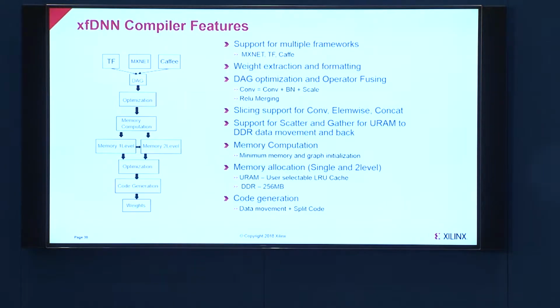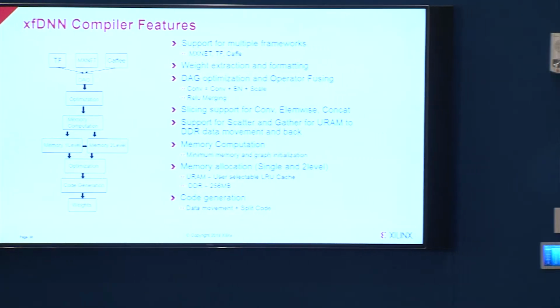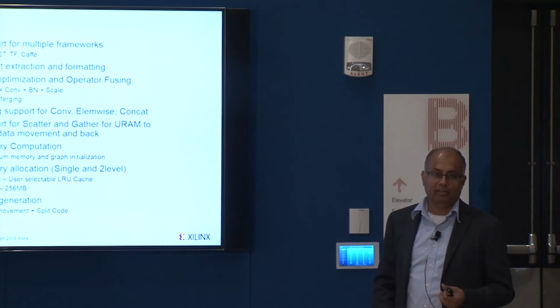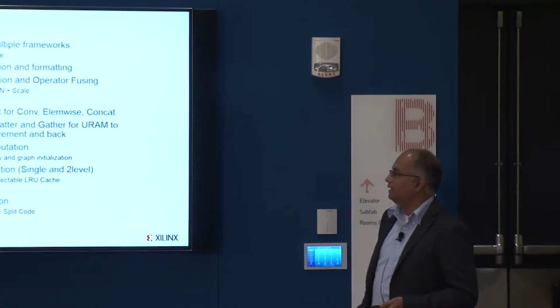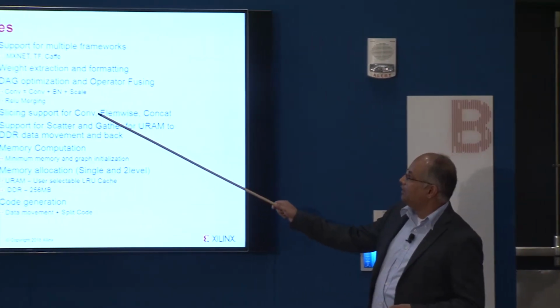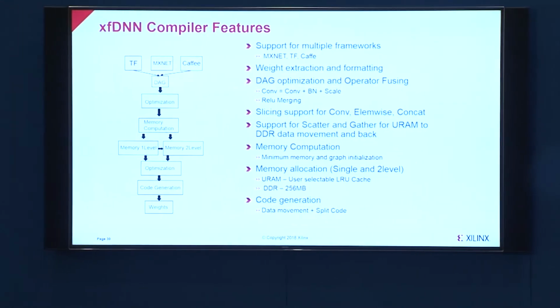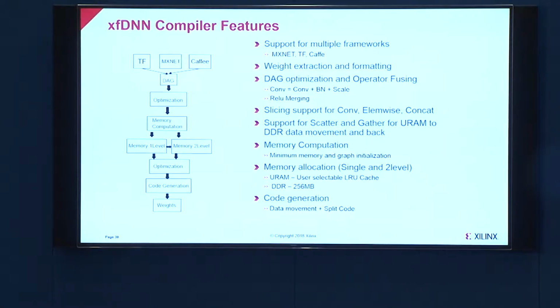Okay. Now, the compiler is one area where, after you have done the architecture, you spend a lot of time writing a compiler. And the kind of things we are currently doing is you have to support multiple frameworks. So all kinds of readers are being written, reading from MXNet, TensorFlow, or Caffe. Then there are weight extraction and reformatting.